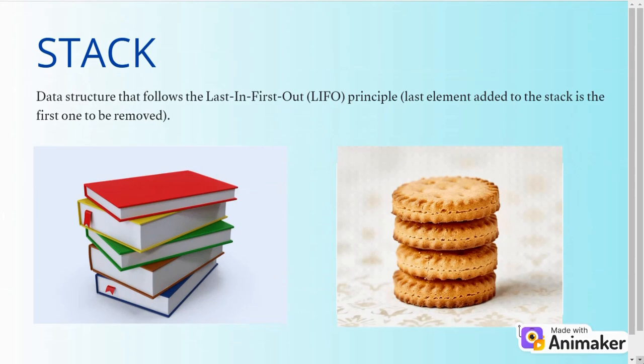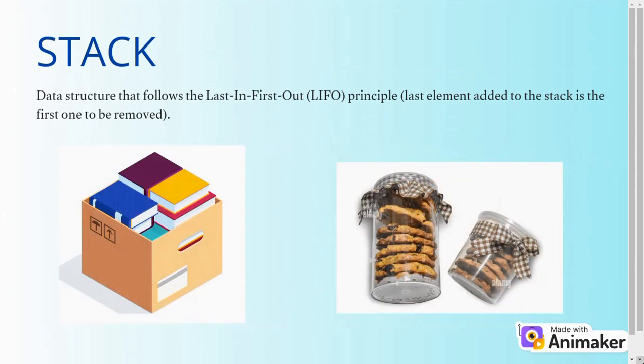But it could be a bit confusing, as someone could say that we still can access a book or biscuit from other positions as well. So the best way to understand this concept is to think of these books and biscuits as placed inside a box which fits into its size. If so, we definitely cannot access any other object.